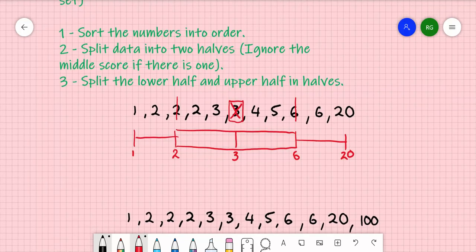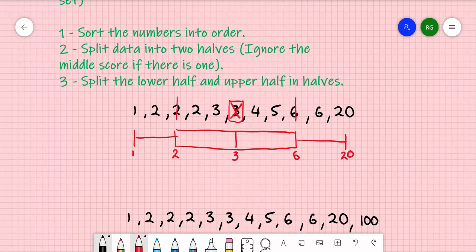What I've done now is I've divided that full set of data up into equal groups pretty much. So 6 is the middle score of the top half, 2 is the middle score of the bottom half.